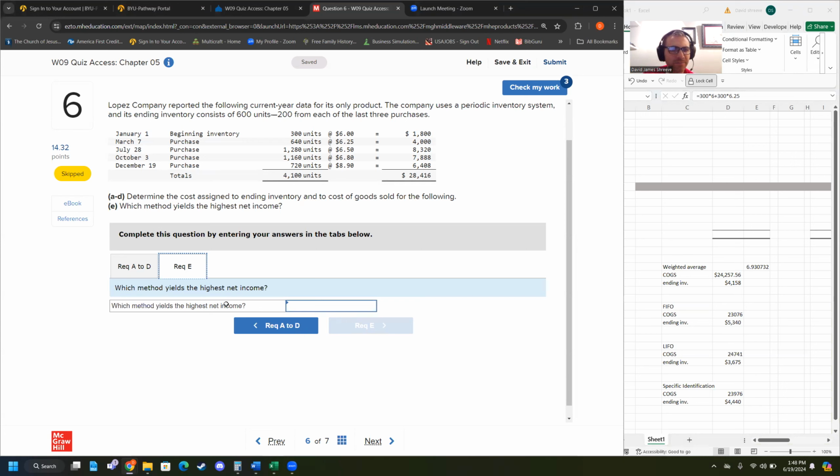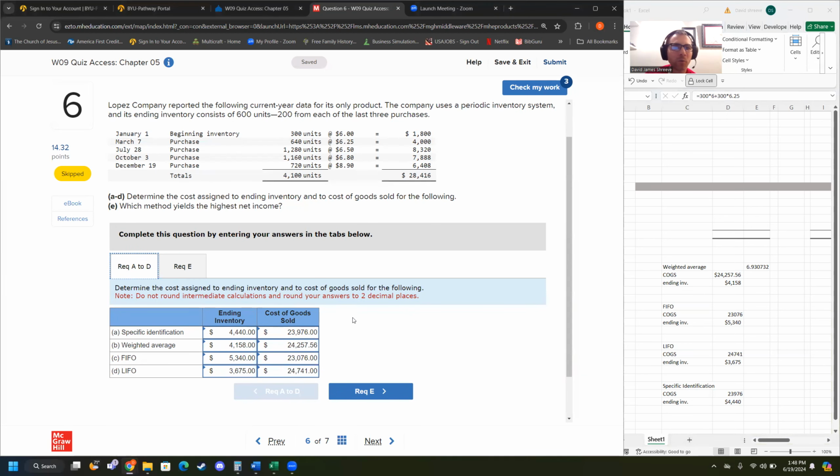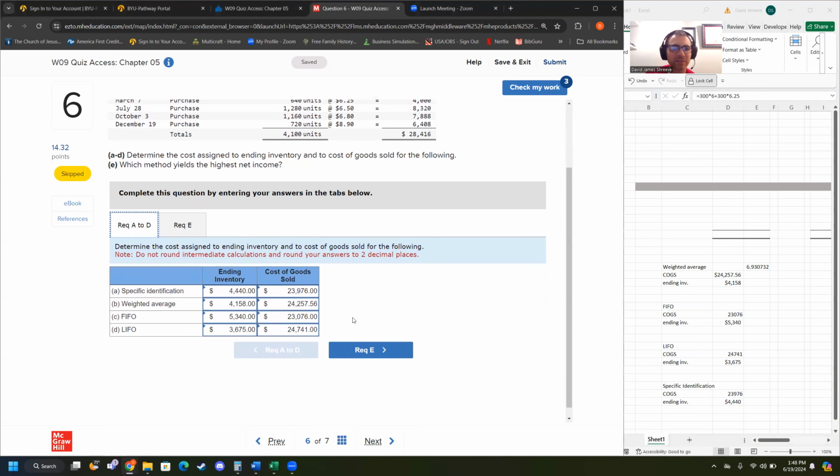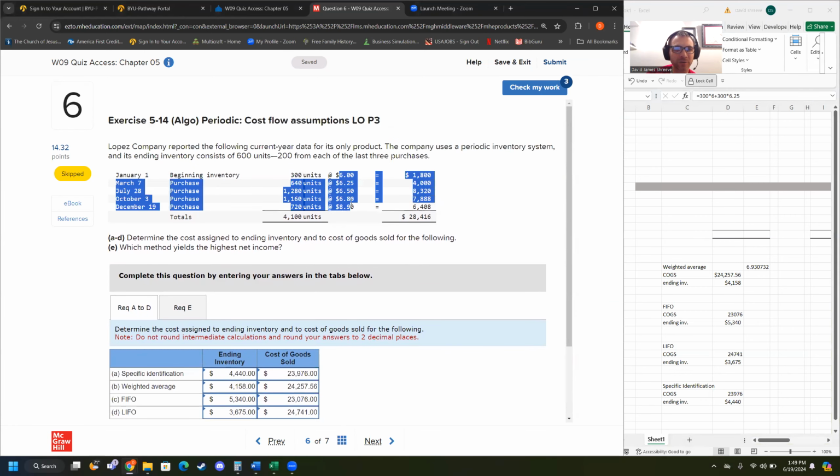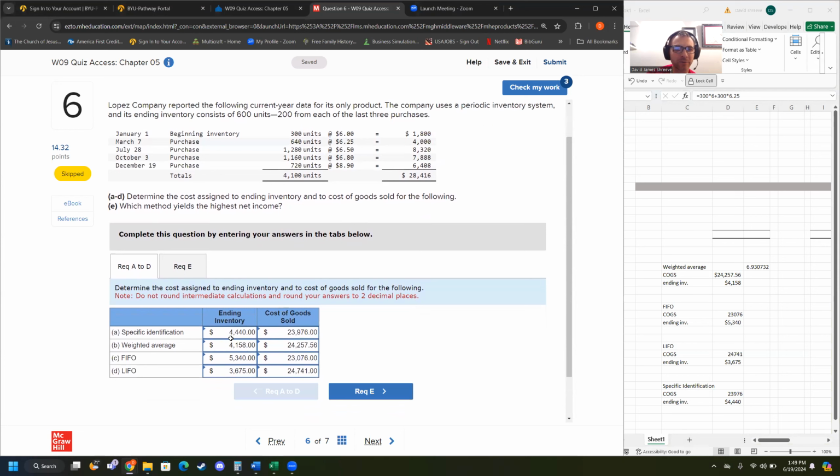Okay. Which method yields the highest net income? Indeed. What is yielding the highest net income? So inventory left over. Let's see, it's in ascending order. So prices are going up, which therefore means FIFO is going to leave us the highest net income.